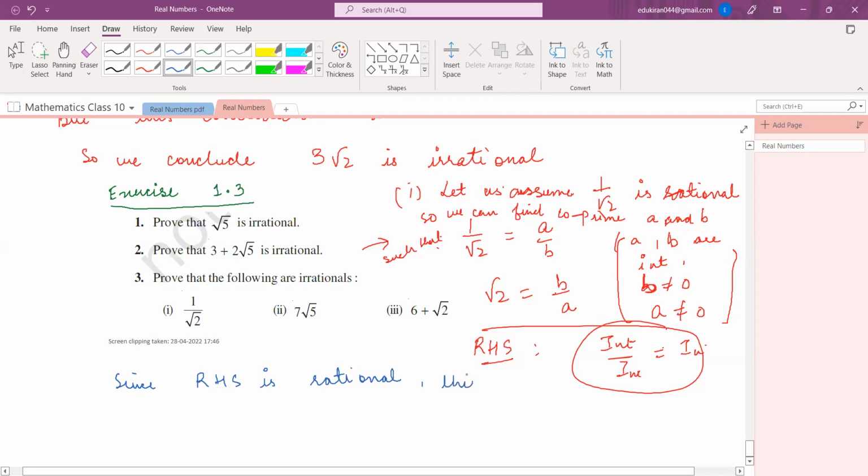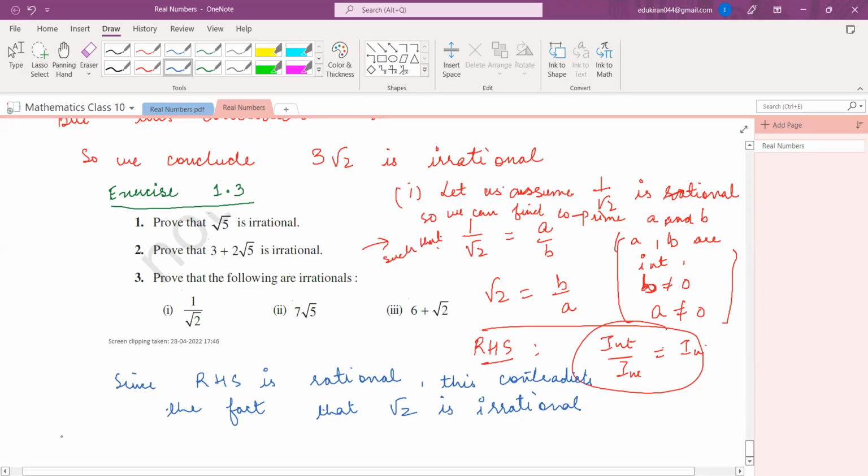this contradicts the fact that root 2 is irrational. So according to this question, your root 2 is coming out to be rational, but you already know it is irrational. So there's a contradiction.